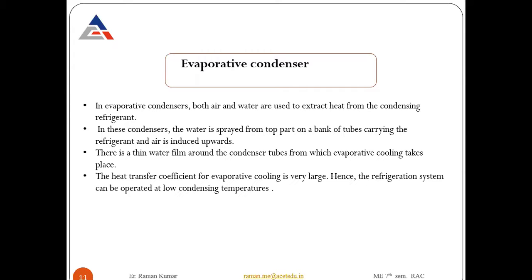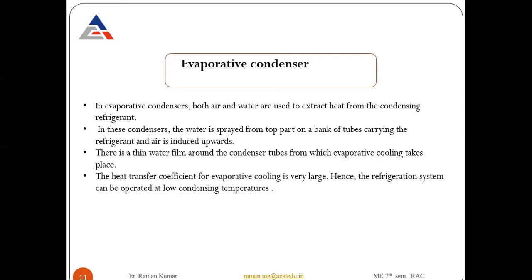The water which has already taken heat from the hot pipe of refrigerant is then cooled with the help of the cooled air flowing from the lower side to the upper side, and that cold water is again stored in the tank and circulated again and again over the pipe.